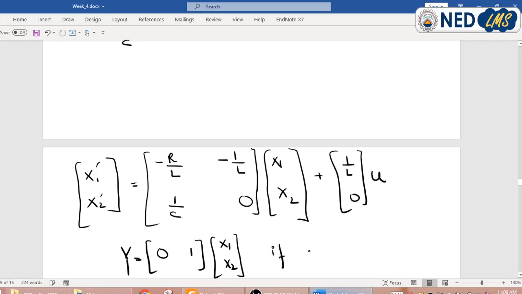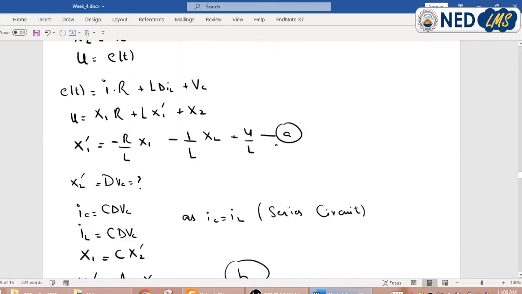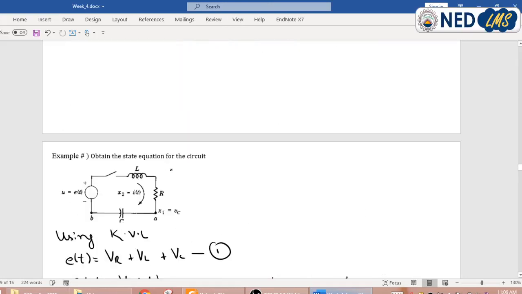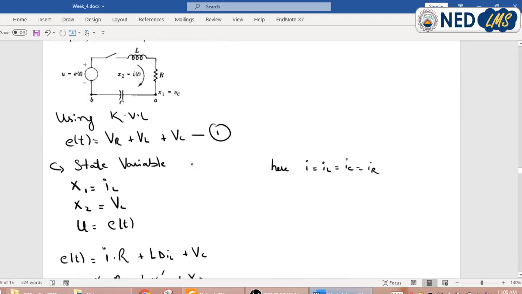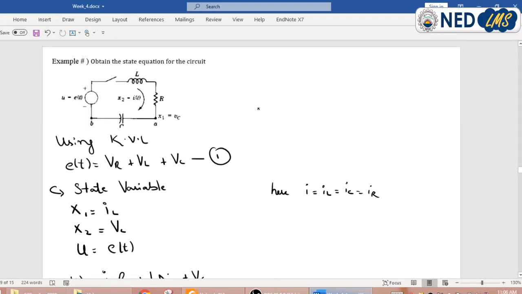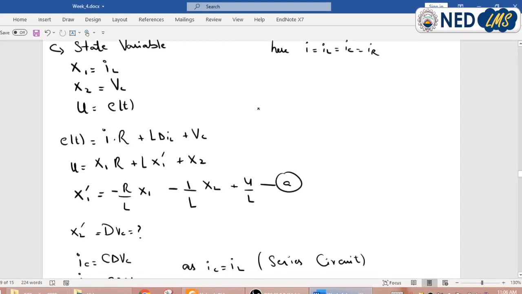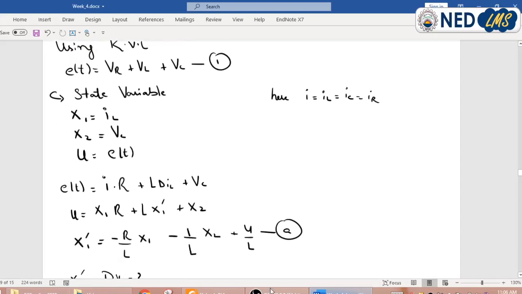If Vc is the output. So this is basically the state space representation of this electrical system. I hope that this thing is clear to you. This is an easy question. If you have any queries, then you can ask in the live session.